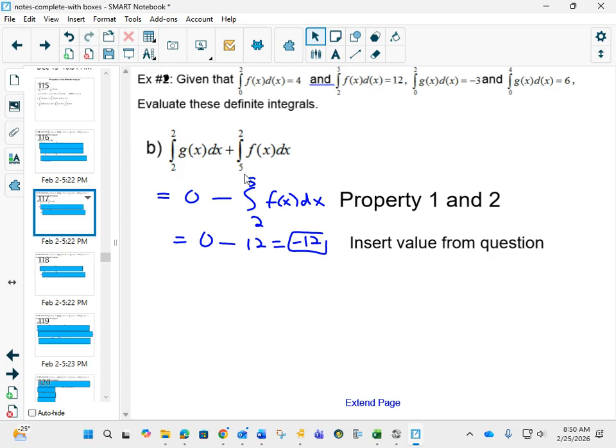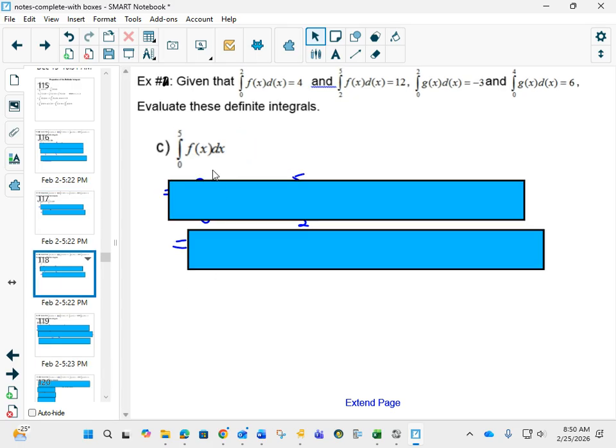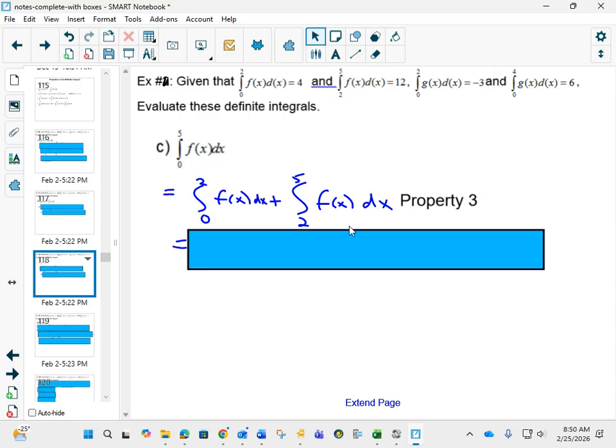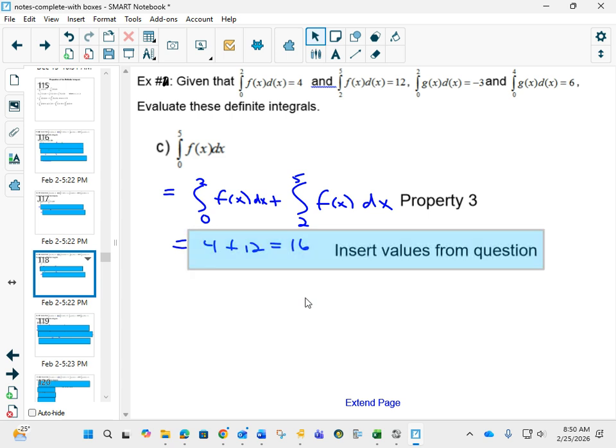And since this is 5 to 2, you can change it to negative to make it go from 2 to 5. And for C, we don't have 0 to 5, but we have 0 to 2 and 2 to 5. So we could break it up that way. And then we know it's 16.